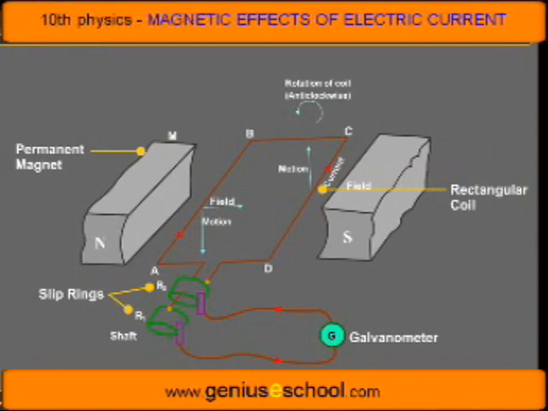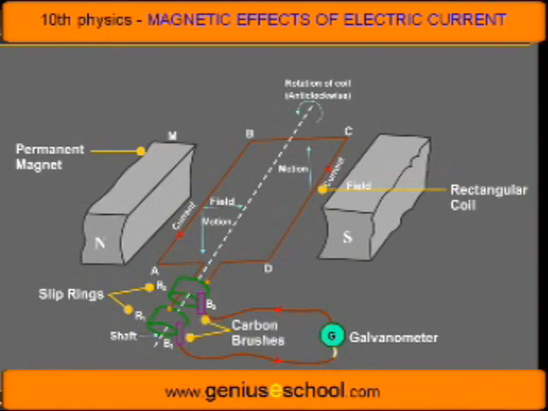On applying Fleming's right hand rule to the sides AB and CD of the coil, we find that the currents are in the directions B to A and D to C. We get an effective induced current in the direction BA-DC. Thus, in the first half revolution of the coil, the current in the external circuit flows from brush B1 to B2.